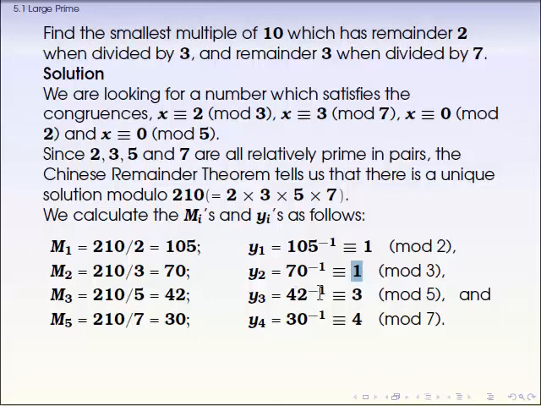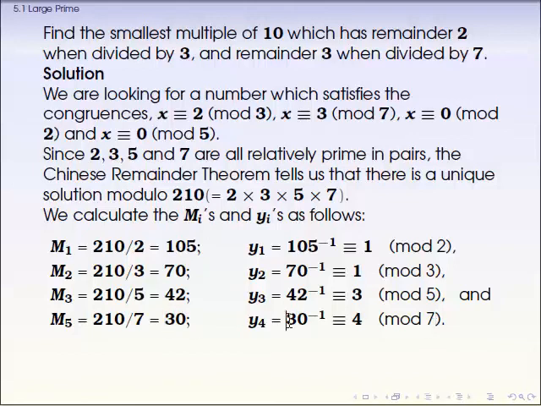Next one, 42 is congruent to 2 modulo 5. If you multiply 3 by 2, it becomes 6, which is 1. Therefore, the inverse of 42 is the same as the inverse of 2 modulo 5, and it must be congruent to 3. So y3 must be 3. Okay, y4, we are looking for the inverse of 30 modulo 7.